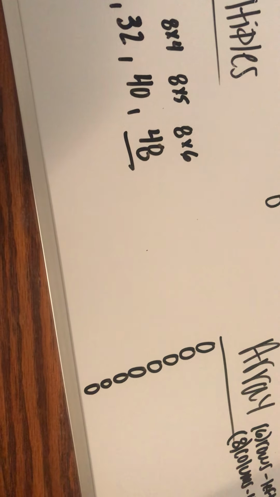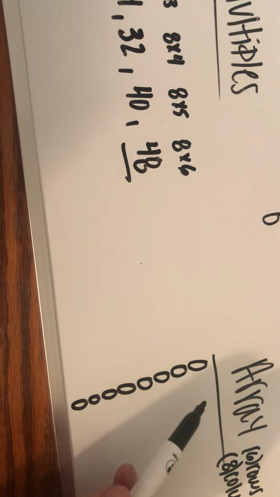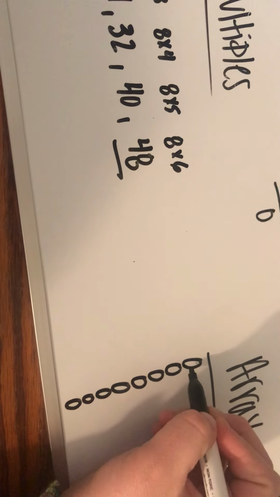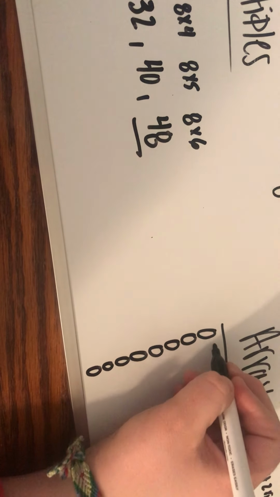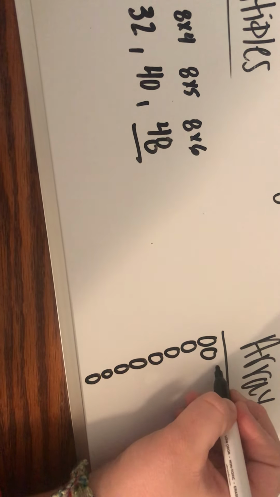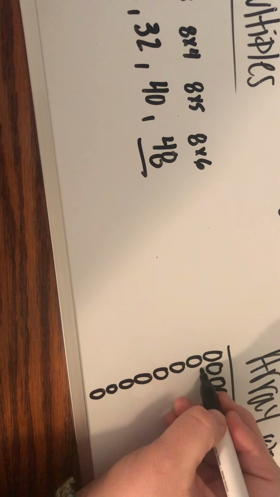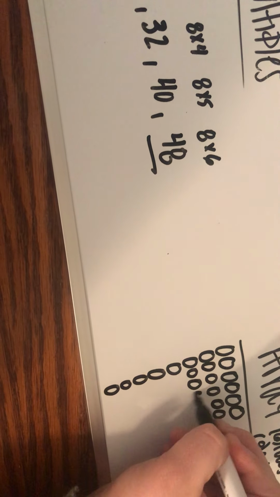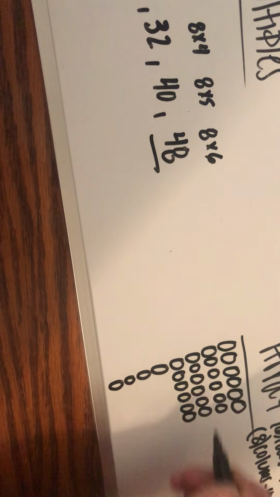There are my 8 columns, and inside each column there are going to be 6 rows. So I'm going to start on the left hand side and work my way over with my rows. So 1, 2, 3, 4, 5, 6. I'm going to add those to each one. So I'm adding my 6 rows.